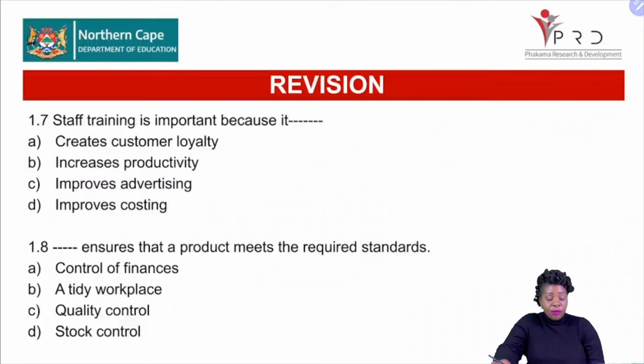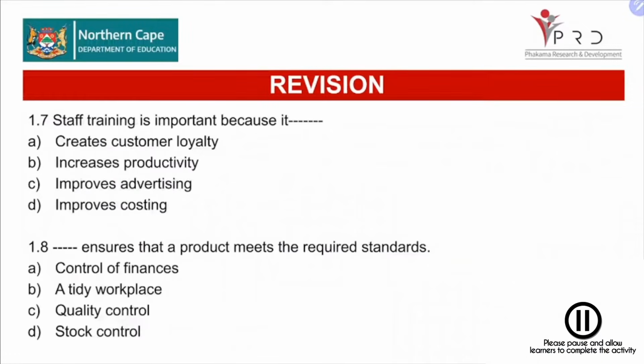And then our 1.8 says dash ensures that a product meets the required standards. A, control finances, B, a tidy workplace, C, quality control, and D, stock control. That's 1.7 and 1.8. Let's answer them and then we can move on.